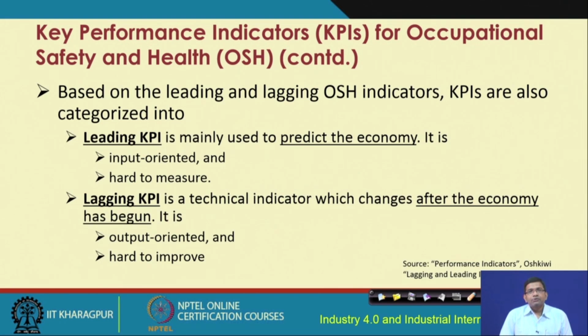Basically, the leading KPI is about predicting the economy, and the lagging KPI is about after the economy has started to improve. These two perspectives are different. So, leading KPI and lagging KPI are the two different KPI categories for OSH.